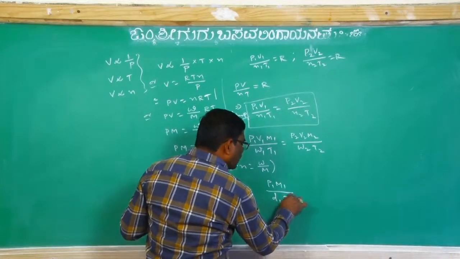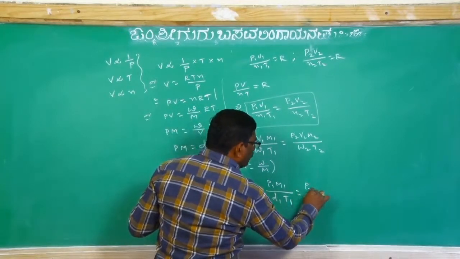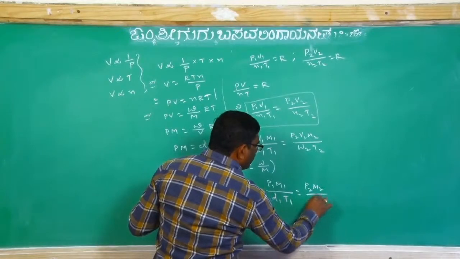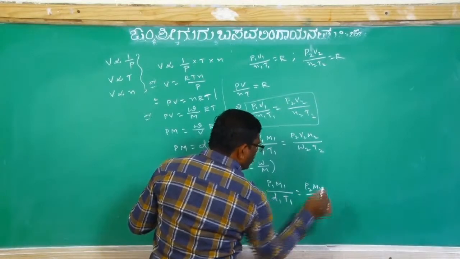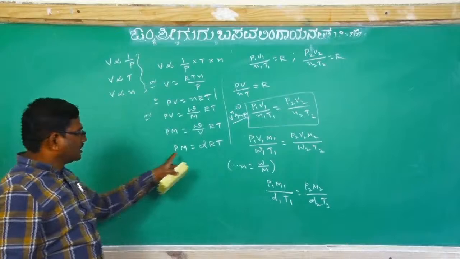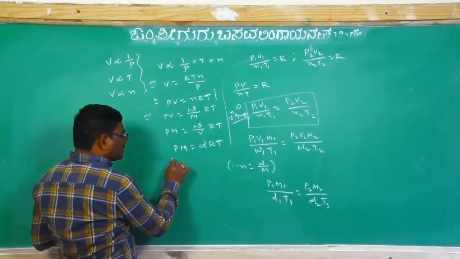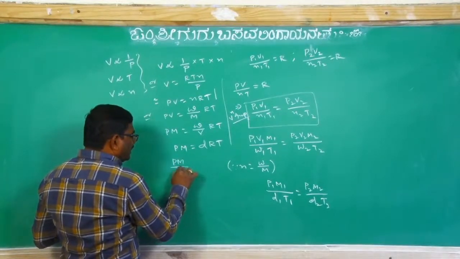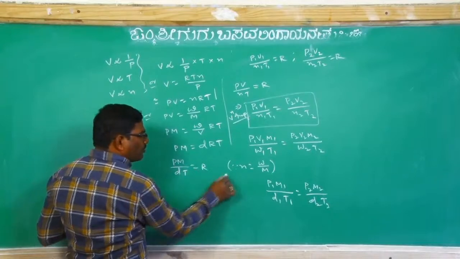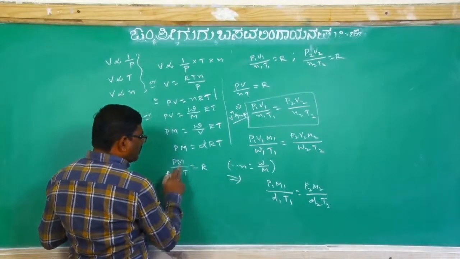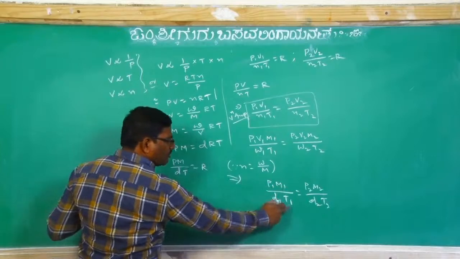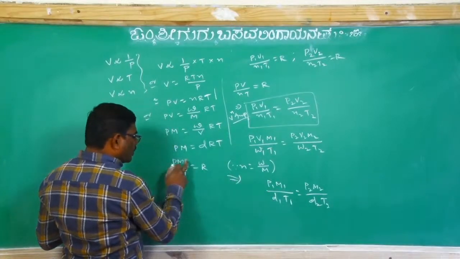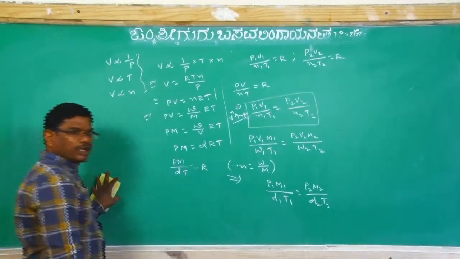So that is d1 T1, equal to P2 M2 divided by d2 T2, in terms of densities. Correct? How can we write this? PM by dT for two gases: P1 M1 by d1 T1 equals P2 M2 by d2 T2.